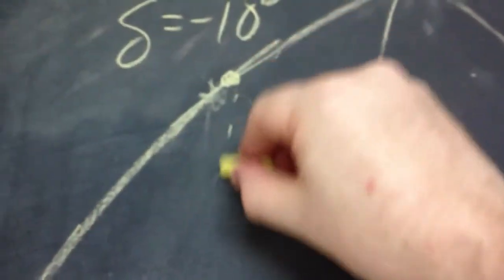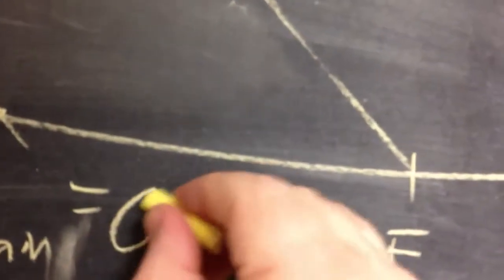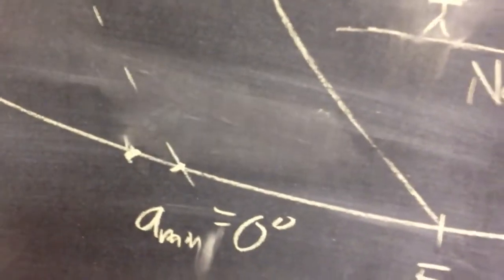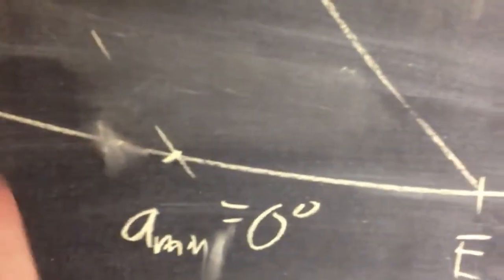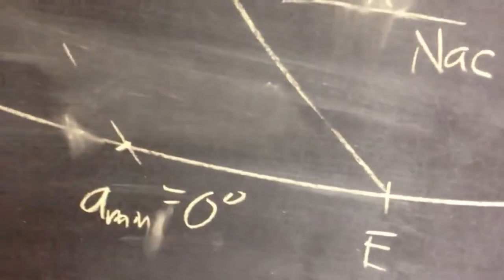So a star would actually kind of travel parallel to the celestial equator. And for that reason, you can actually say that the minimum altitude is 0 degrees. Now, of course, it goes below the horizon, but let's not give negative altitudes for this one. Let's just say the altitude is going to be 0 degrees because it goes below the horizon.